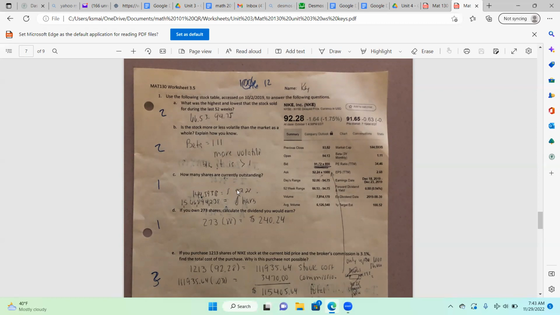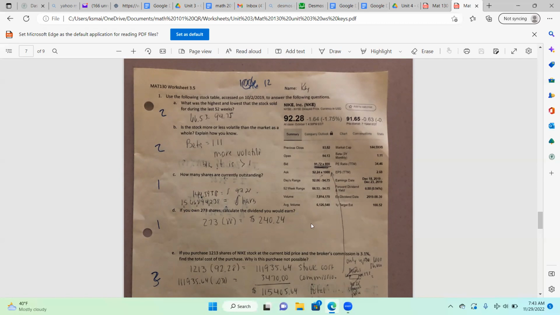How many shares are currently outstanding? We had to use the market cap over here, and that is equal to the number of shares times the current price of 92.28. When you divide by that, you get 1,566,894,235 shares.